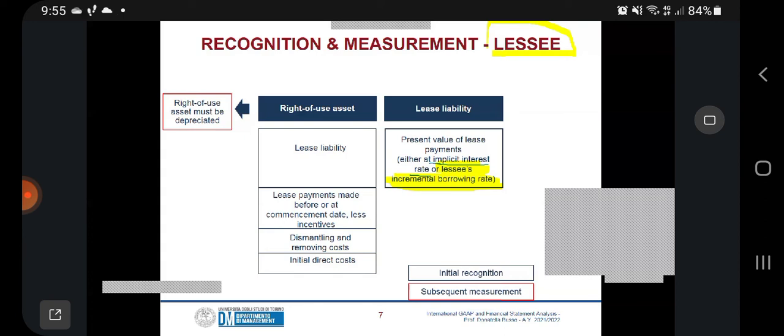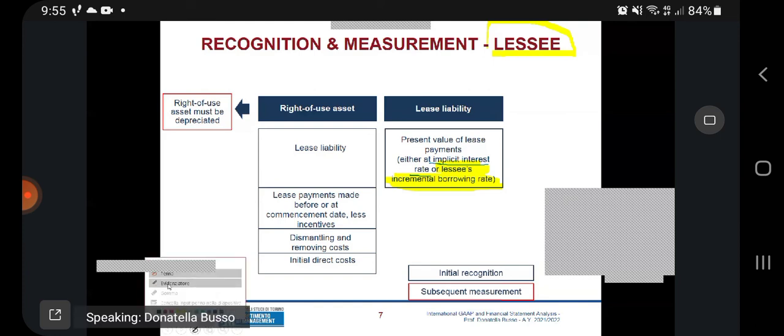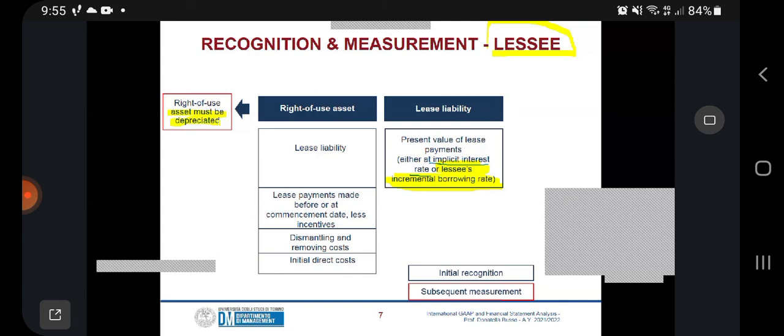So this means that we need to depreciate the right of use asset, and generally speaking, for contracts like rental of buildings, rental of cars, and so on, the depreciation is done over the lease term.